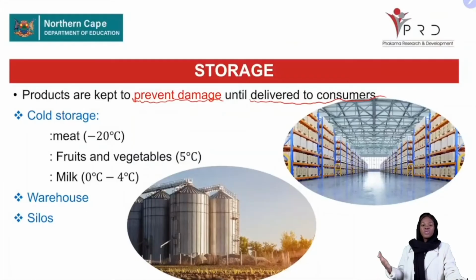Now, there are different ways of storing agricultural products or the produce. Number one, we can use cold storage, such as refrigerators, where agricultural products are stored at different temperatures, where the meat will be stored under minus 20 degrees Celsius, meaning it has to be frozen, right?